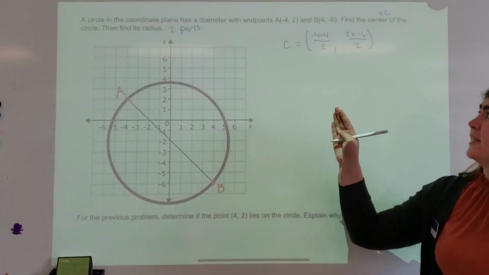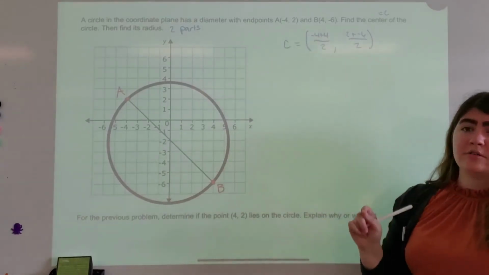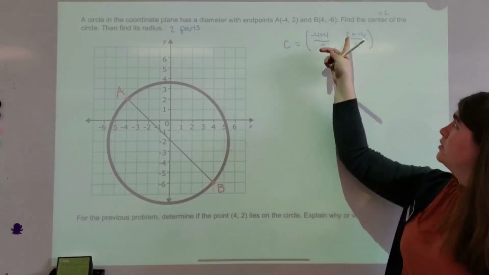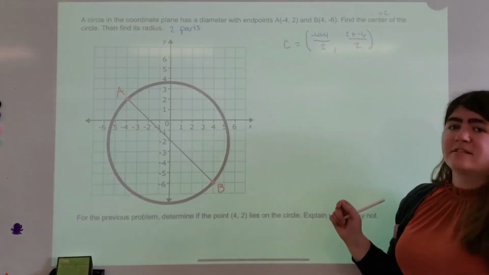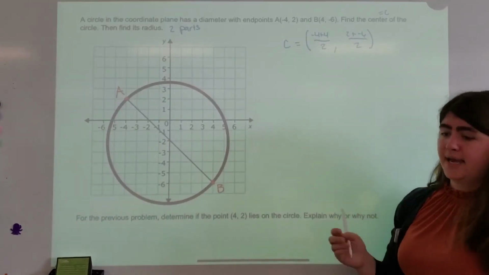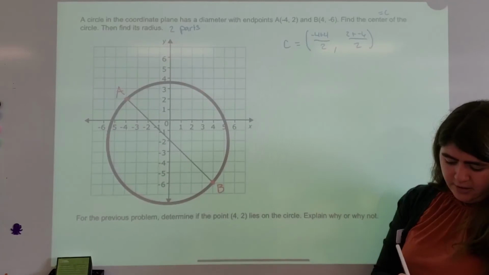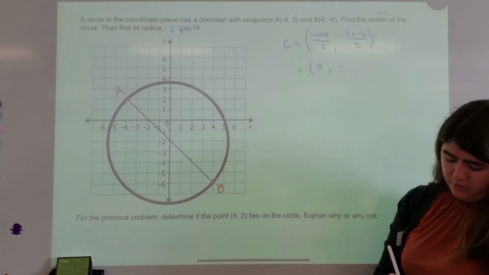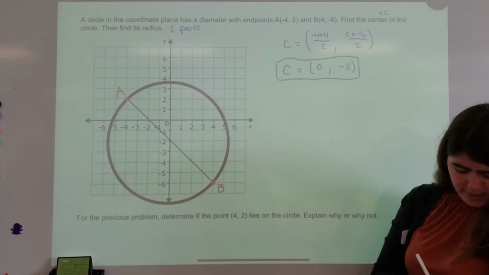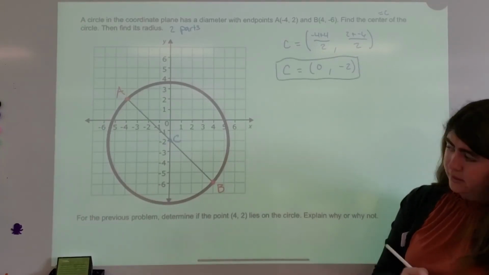Simplifying, -4 plus 4 is 0, and 0 over 2 is still 0. 2 plus -6 is -4, and -4 divided by 2 is -2. So my center is at (0, -2). That's my center, and I'm going to put that on my graph.